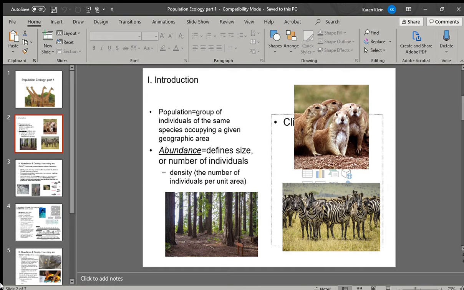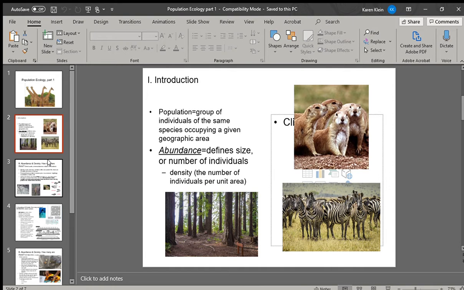It can be a population of turtles in Green Pond, or a population of eastern painted turtles in Green Pond, or a population of eastern painted turtles in Pennsylvania, as long as you're only discussing one species in that geographic area.